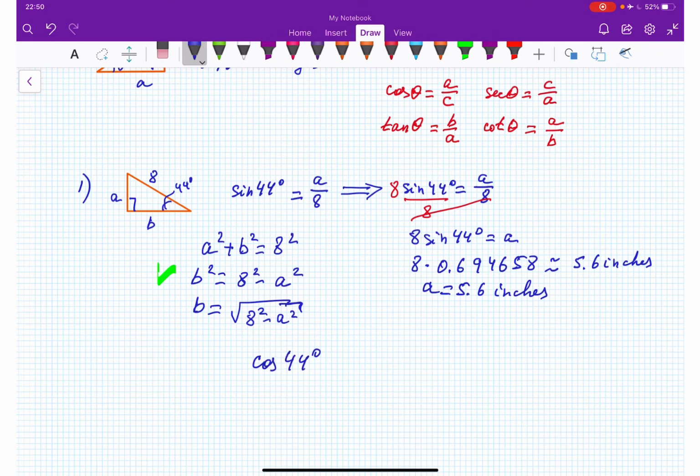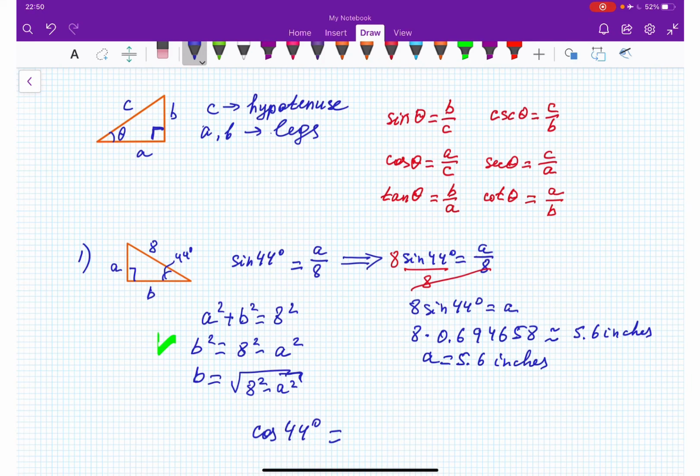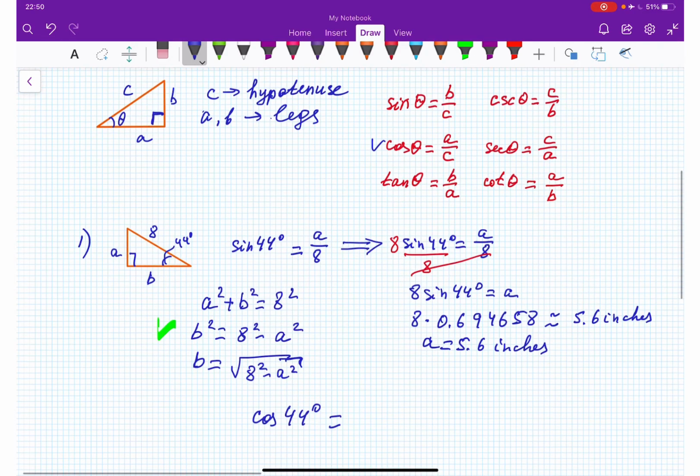Cosine 44 degrees is going to be equal to the adjacent leg over the hypotenuse. And the adjacent leg is, how much is it? B, right? In my case, it is B over 8.